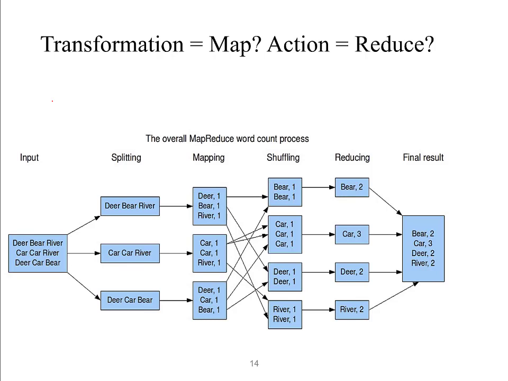I don't know about you, but for myself, when I learned this part, the first impression was that transformation equals map and action equals reduce. The answer to this question is no. So let's look at the example here.